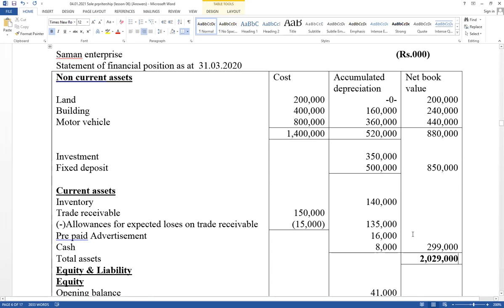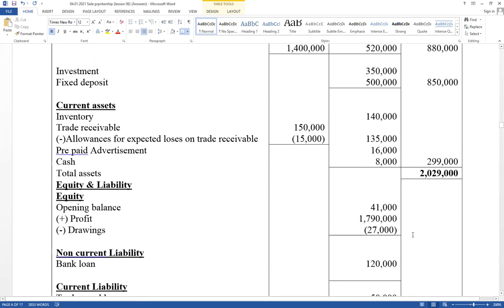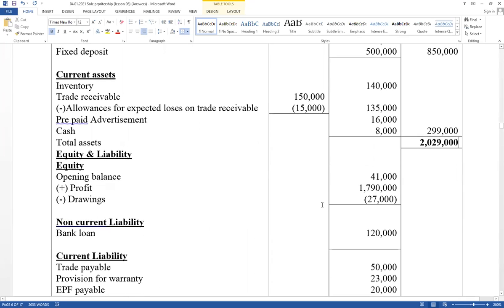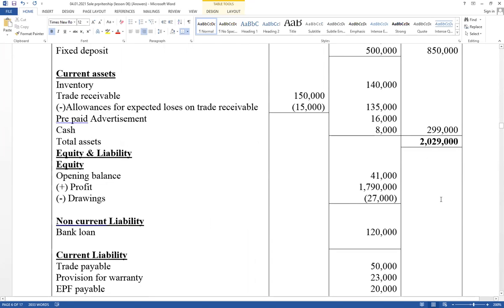Total assets. Then think about equity and liability also. Total equity should be included in the last column: opening balance plus profit minus drawings. Therefore, closing equity equals 1,804,000. Under non-current liability, available only bank loan. That value should be included in the last column, 120,000.